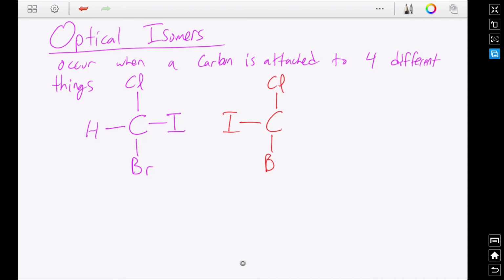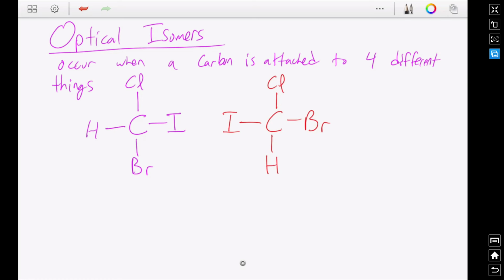Oops. Not like that. Let's put the H here and the Br there. Something like that. Okay. So notice the I and the H are in different places, but it is still the exact same compound. Now, what's strange about this is that the 2 compounds will actually exhibit slightly different behaviors from each other.